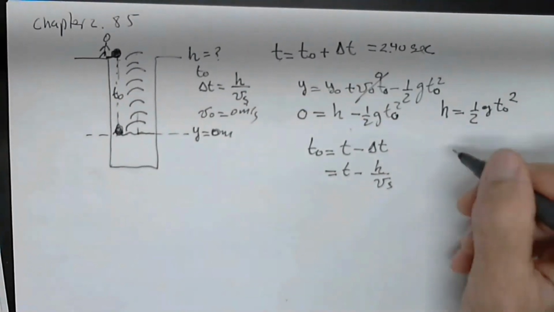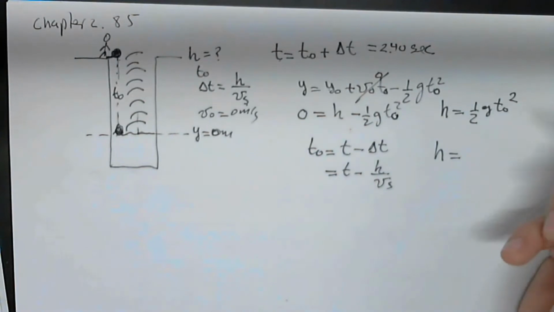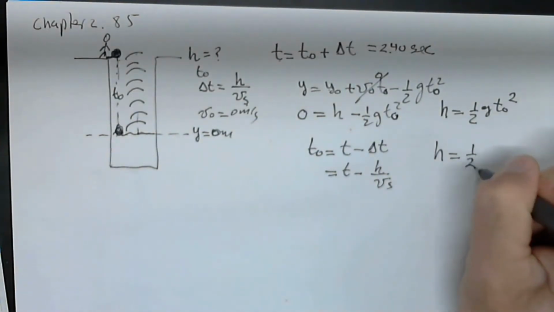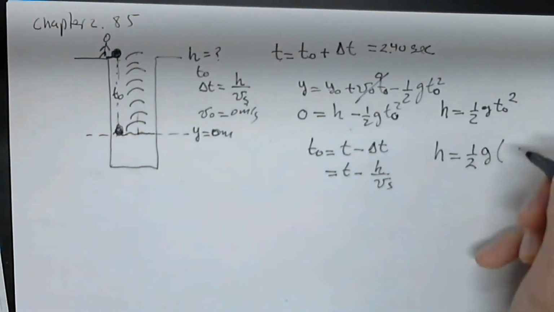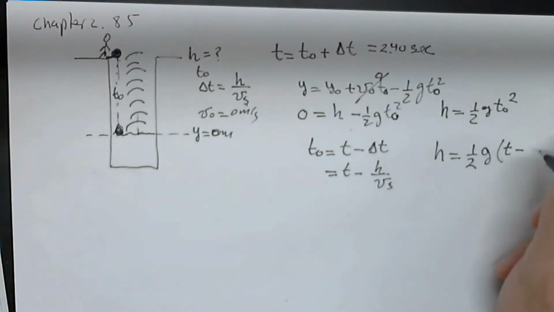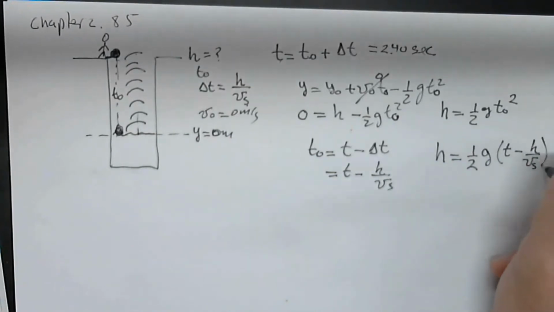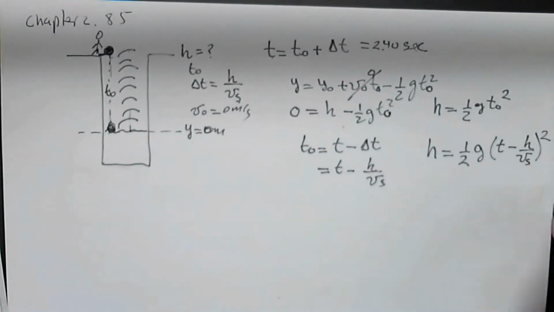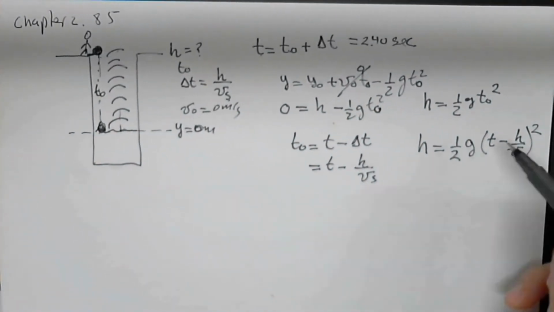So you put it over here, and it's 1/2 g times T, that is given, minus H over Vs, squared.